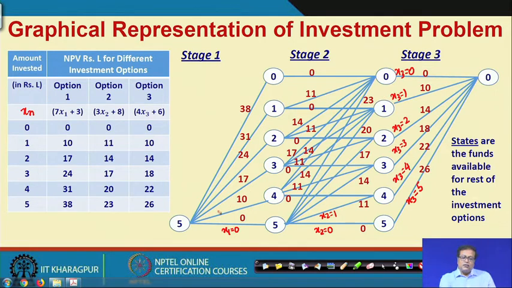But look at this path, 17, 11 and 10, again this gives 38. There must be some path, for example 17, 11 and 14, this gives us 42. This one is 17, 11 and 18. No, not this one, this is 17, 0 and 18, so that is 35. Anyhow, there are different paths which give us different kinds of values.